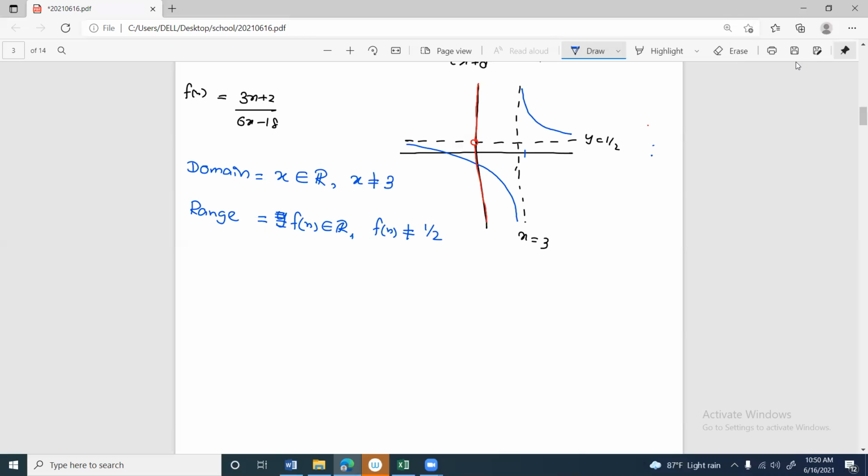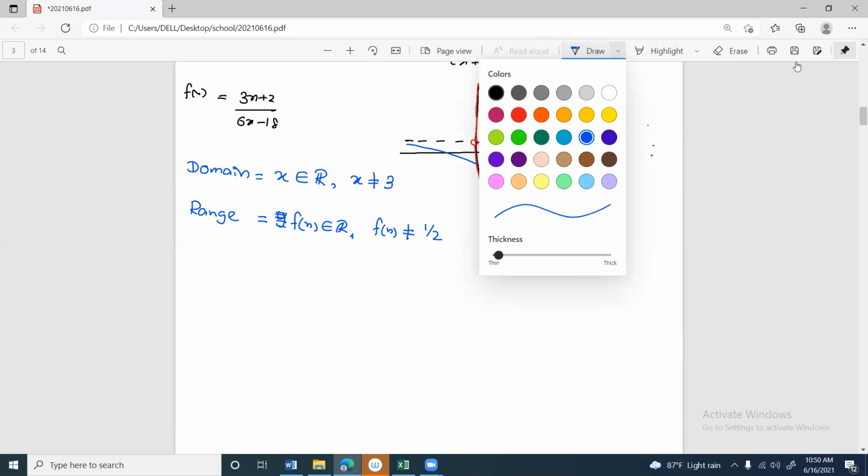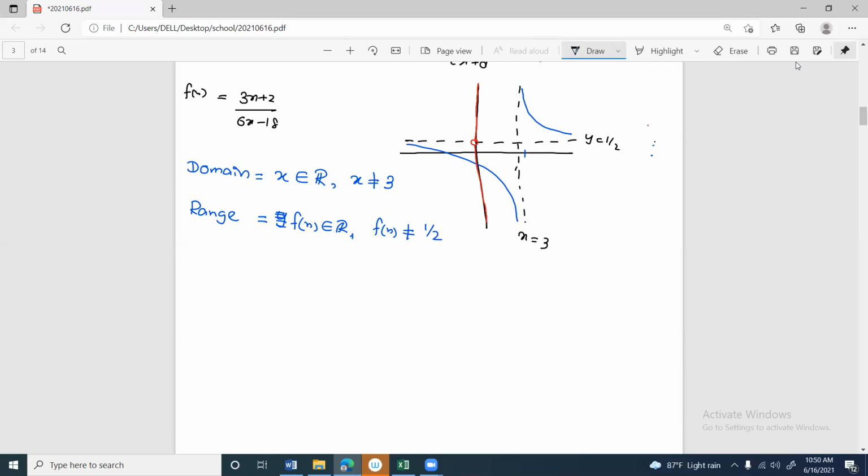The same graph, sometimes they might be given in this format. This is a second approach for this graph. They might give you fx is (3x plus 2) over (6x minus 18), and they give x is any real number and the domain is given to them.